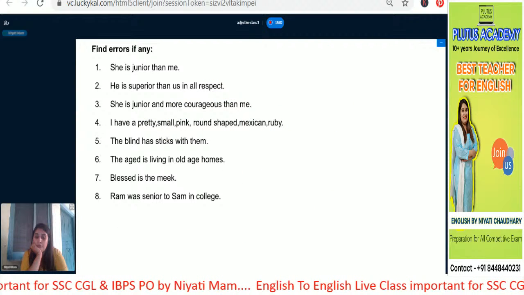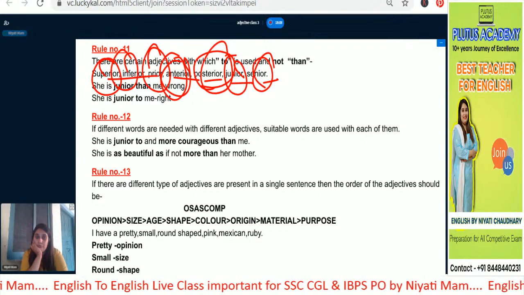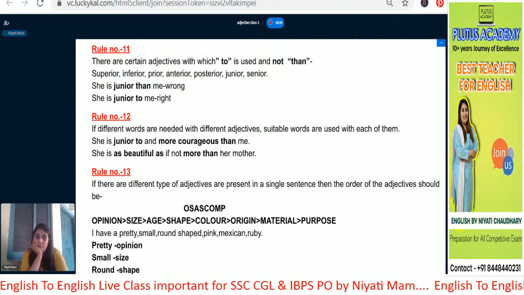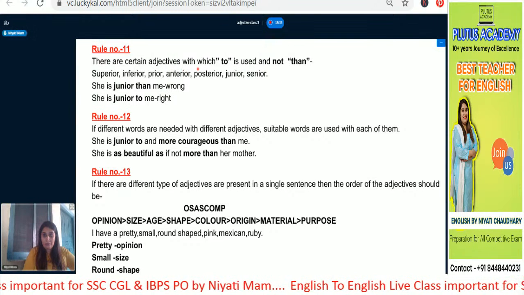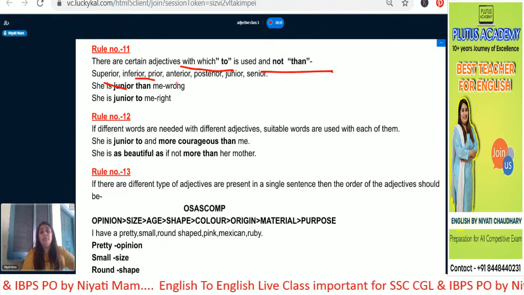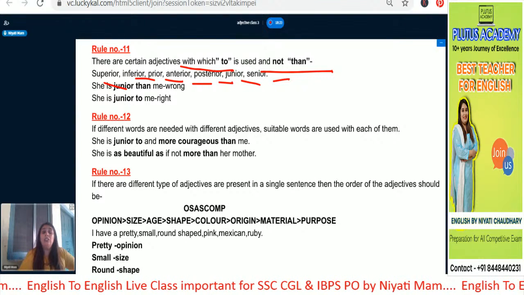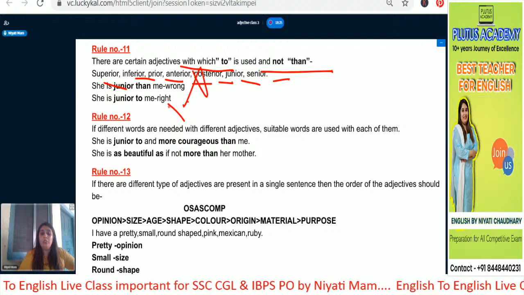Now let us consider the next slide. Okay, as I told you earlier, there are certain adjectives with which "to" is used and not "than." Superior, inferior, posterior, junior, senior. "She is junior than me," wrong. "She is junior to me," right.